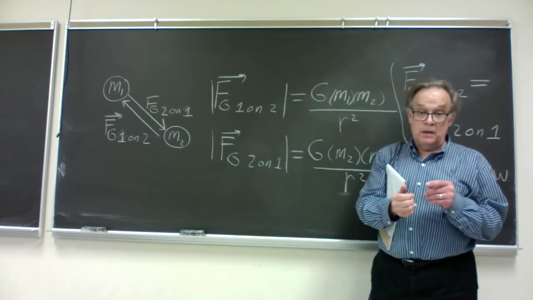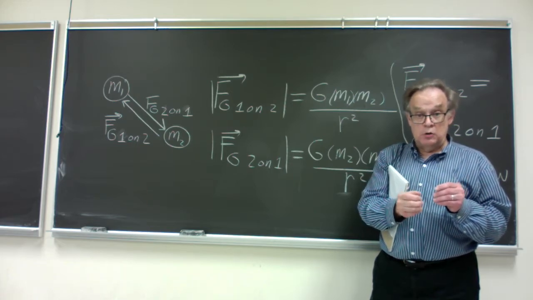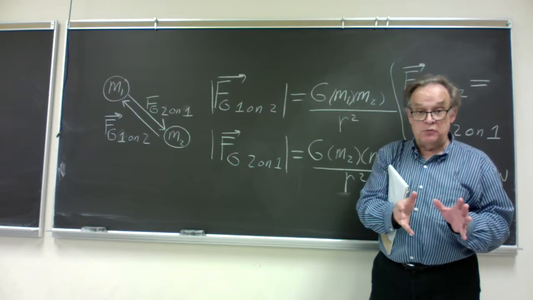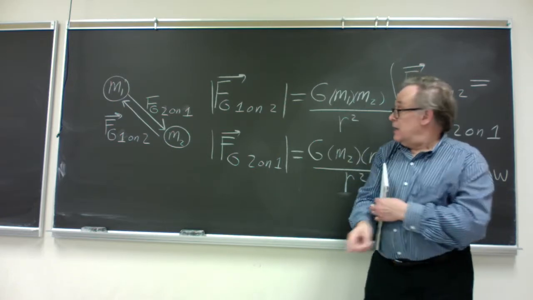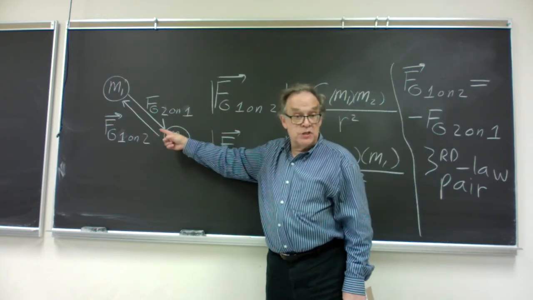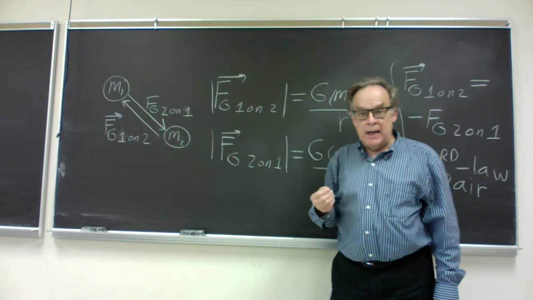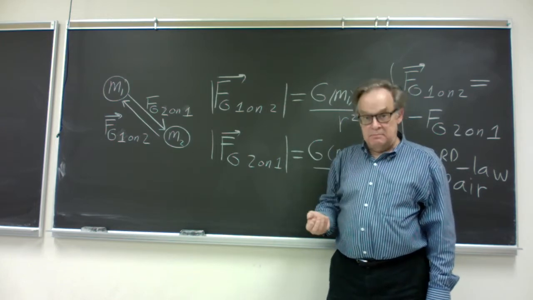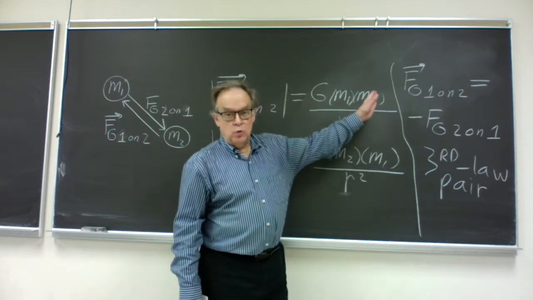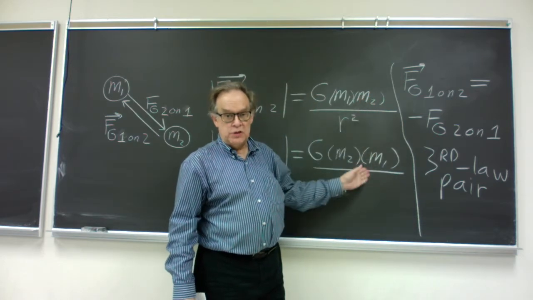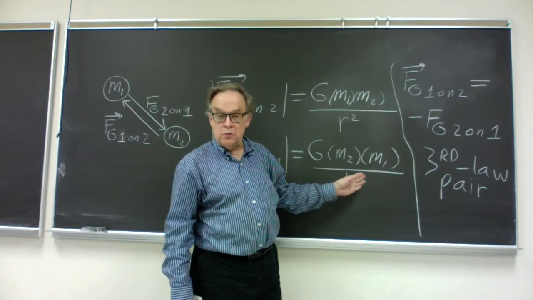And remember the characteristics of a Newton's third law pair. They're both the same type of force. They're both gravitational forces in this case. And the two forces in a third law pair point in opposite directions just like these do. And they have the same magnitude. The rule for the magnitude of one force is just the same as the rule for the magnitude of the other force.